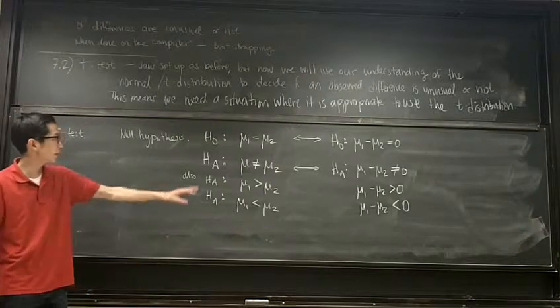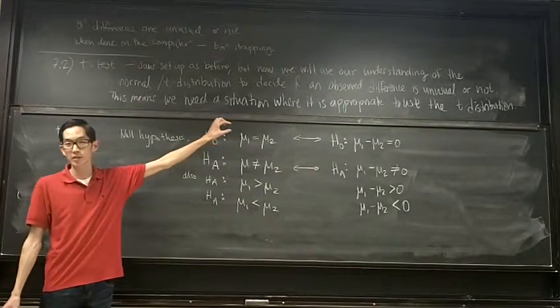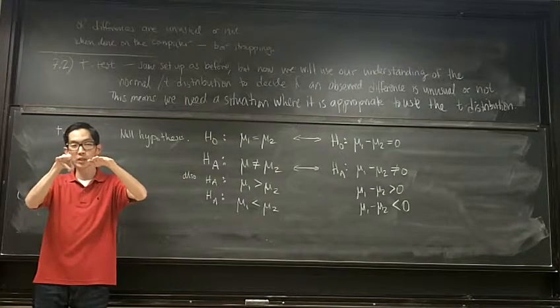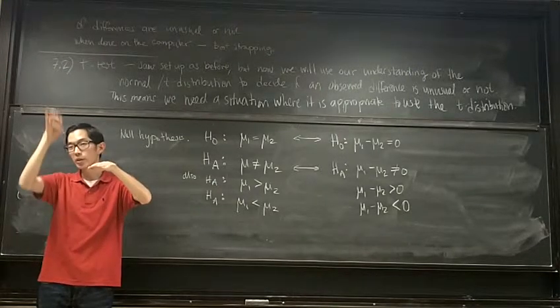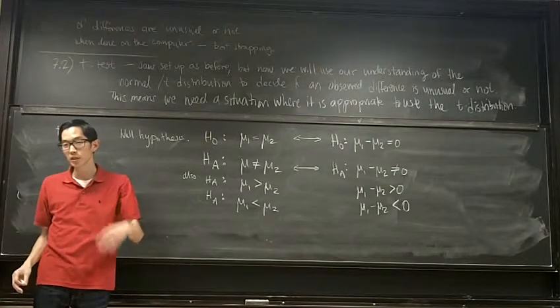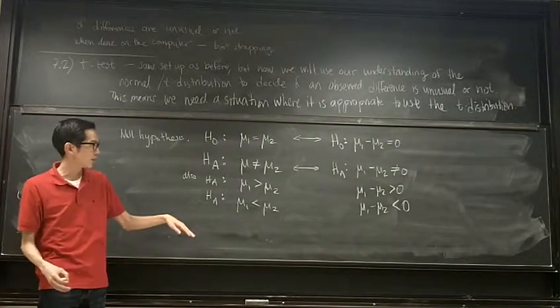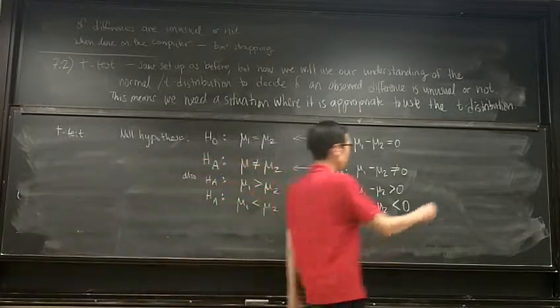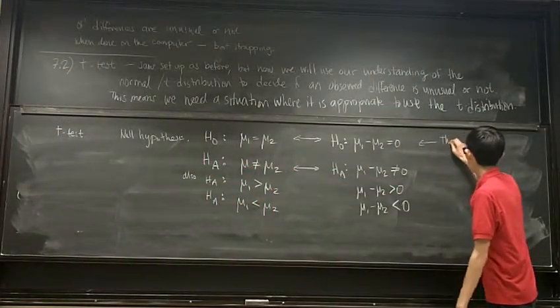And yes, you can have the null hypothesis state that the means are the same, and the alternative being that group 1 is bigger, or group 1 is smaller. The null is always going to have an equal sign. So that's also something to remember.